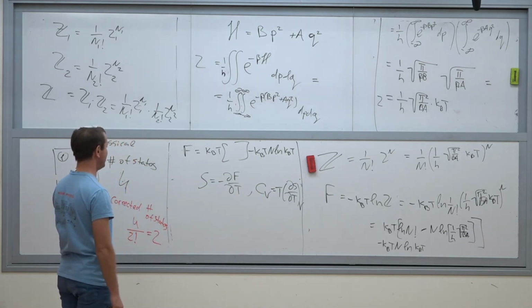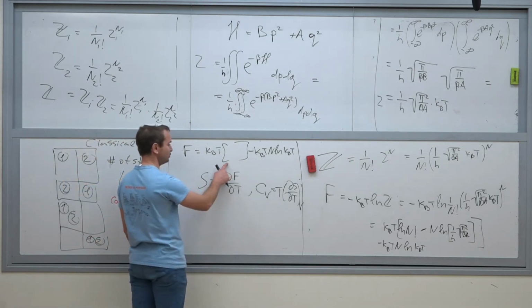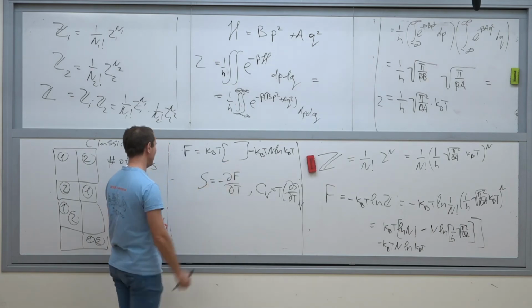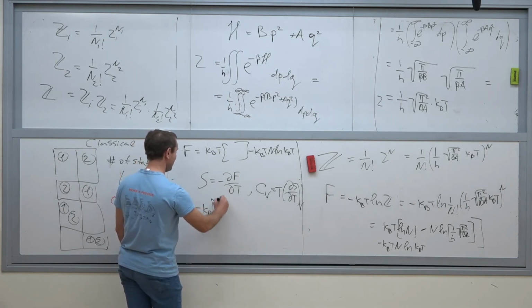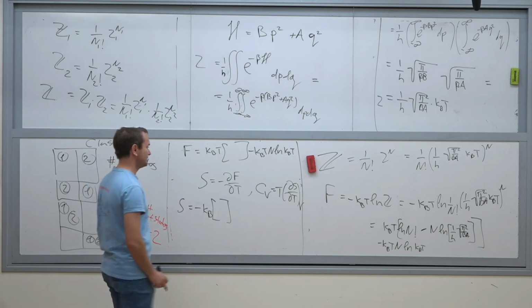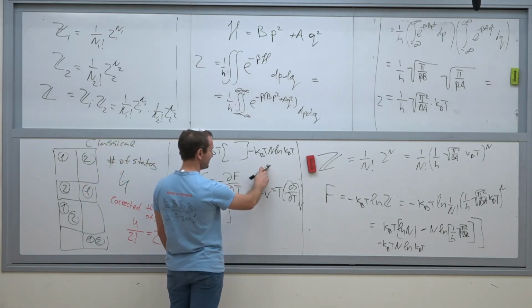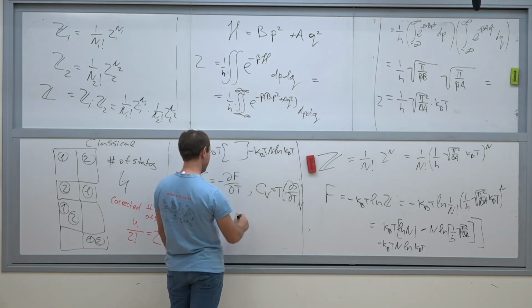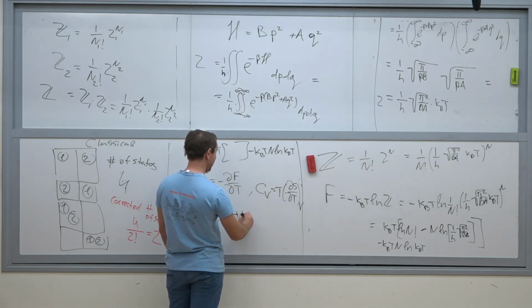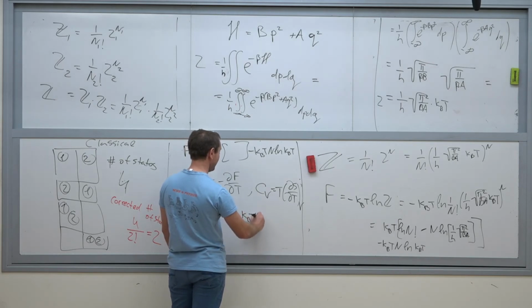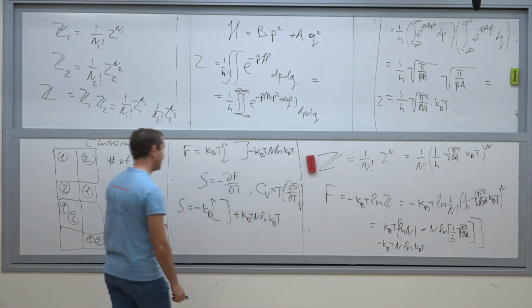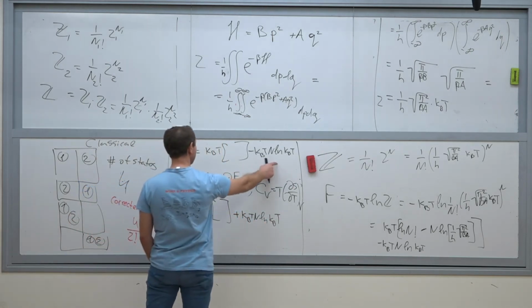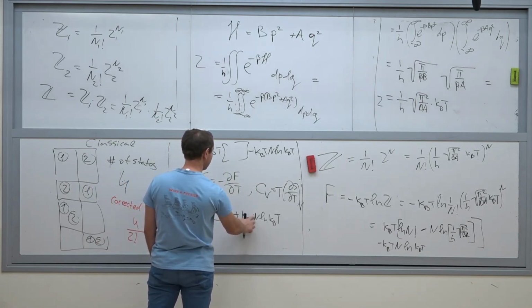Okay, so what I need to do, first of all, I should take the derivative with respect to T once, and I obtain that S is minus k Boltzmann multiplied by whatever I have inside. So first of all, I have plus k Boltzmann T and log of k Boltzmann T, right? So I'm taking the derivative of this and multiplying it by minus.